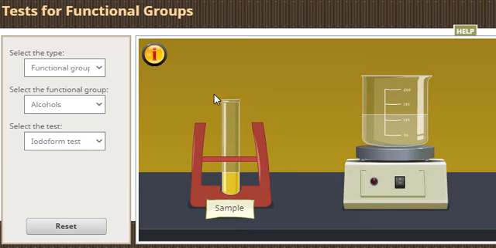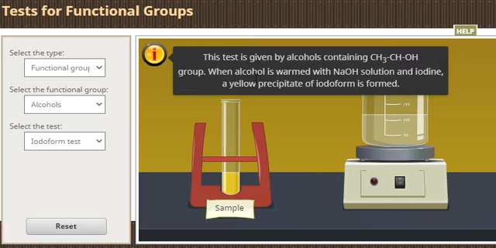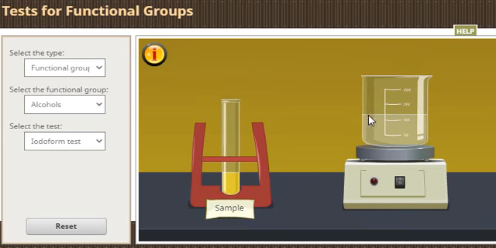When alcohol is warmed with NaOH solution and the iodine, because in the previous step we mixed the iodine solution as well as NaOH solution with the sample, a yellow PPT of iodoform is formed. Now this yellow PPT is due to the formation of the iodoform.